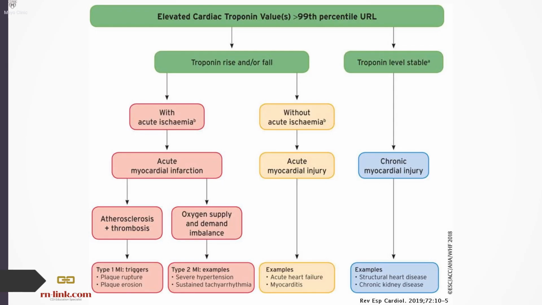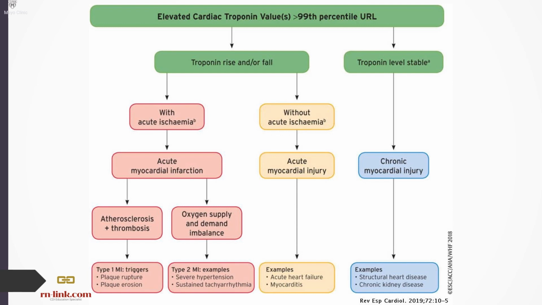This slide is a chart on different types of myocardial disease with elevated troponins. If there is a rise and fall of troponin, we need to find out if it is with ischemia. If with ischemia, it can be acute myocardial infarction. Now we need to find out if there is atherosclerosis and thrombus or oxygen supply and demand imbalance.